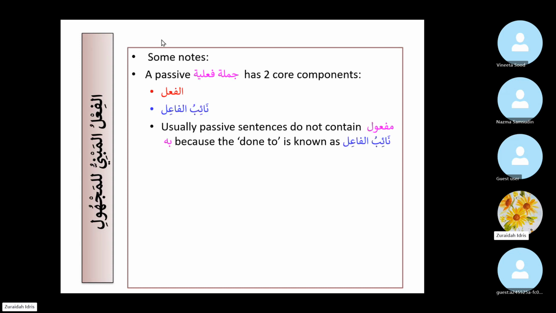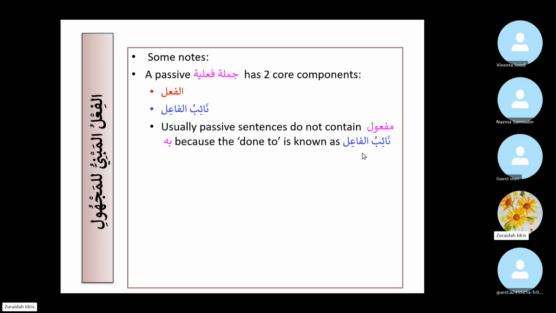Okay. So for a jumla fi'iliyah to be passive, you have two core components. Just like any normal jumla fi'iliyah, you have to have the fi'il. But in the case of passive, you have to have the naibul fa'il. Now, usually passive sentences do not contain maf'ul bihi because the done to is now known as naibul fa'il.